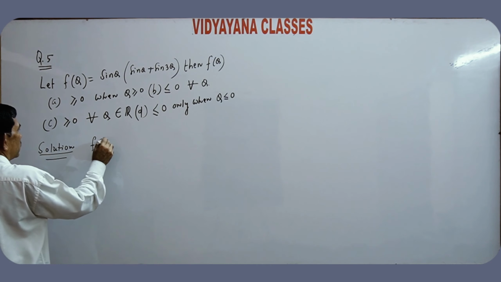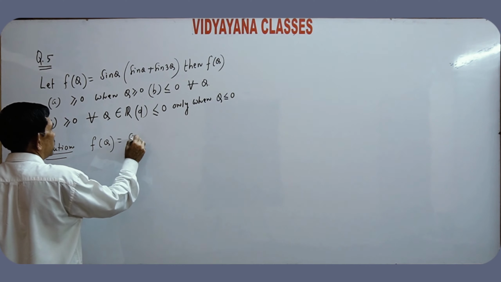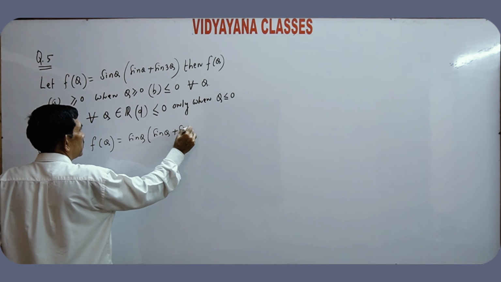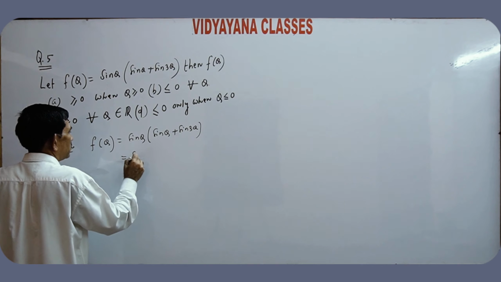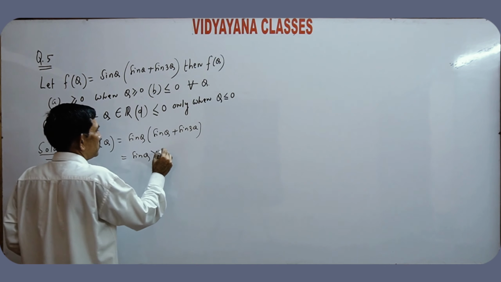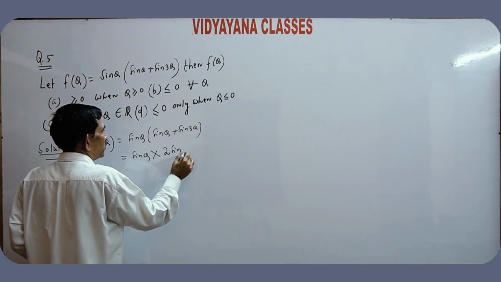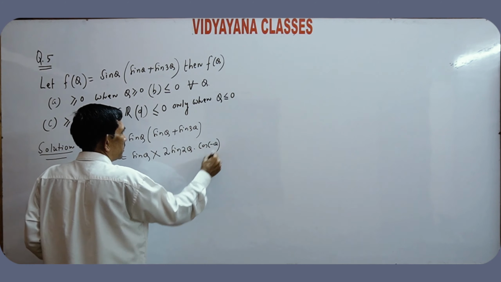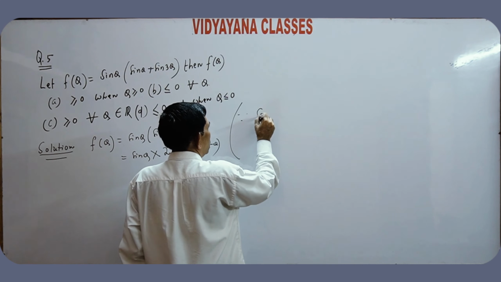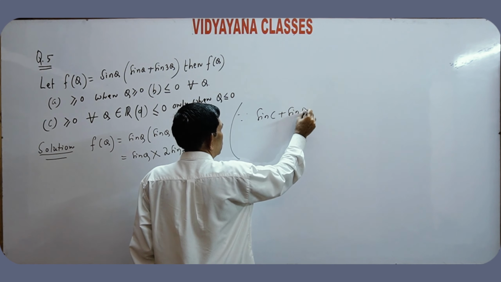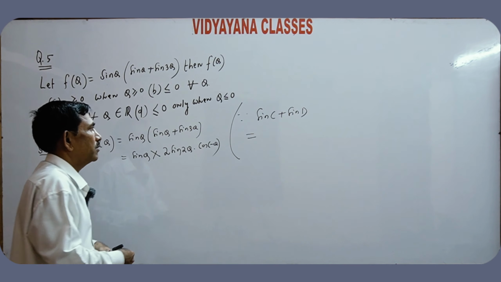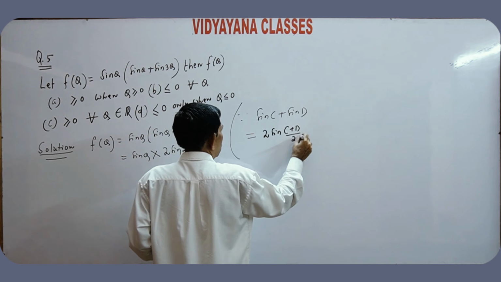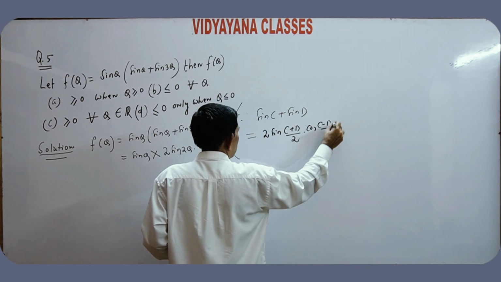Given f(theta) is equal to sin theta into sin theta plus sin 3 theta, which is equal to sin theta into 2 sin of (c plus d) by 2, that is 2 theta, cos of (c minus d) by 2, that is minus theta, since sin c plus sin d is equal to 2 sin (c plus d) by 2 into cos (c minus d) by 2.